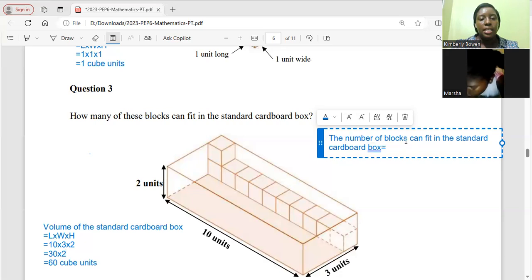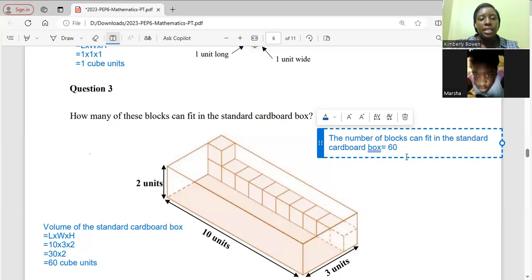All right, so the number of blocks that can fit into the standard cardboard box, remember that the volume for all of the space inside of this standard cardboard box is 60, right? 60 cube units. And then remember, one of these blocks is 1 cube unit, right?